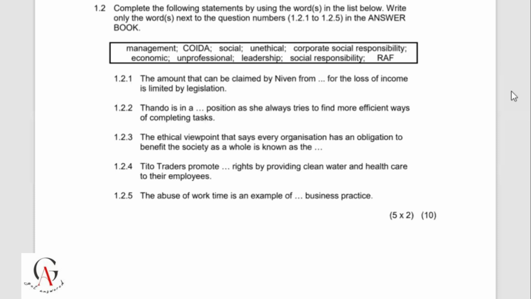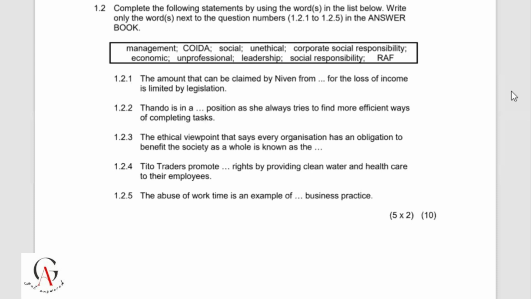So the list is: management, quota, social and ethical, corporate social responsibility, economic and professional leadership, social responsibility, and Road Accident Fund. Okay, right. So 1.2.1 reads: the amount that can be claimed by Nivel from dash for the loss of income is limited by legislation.